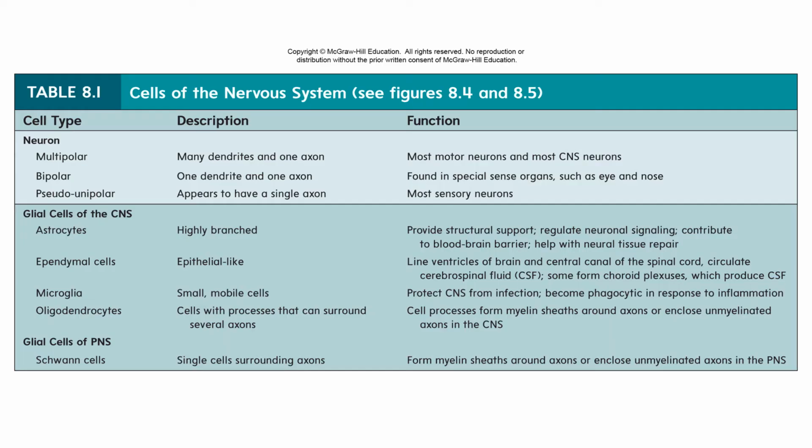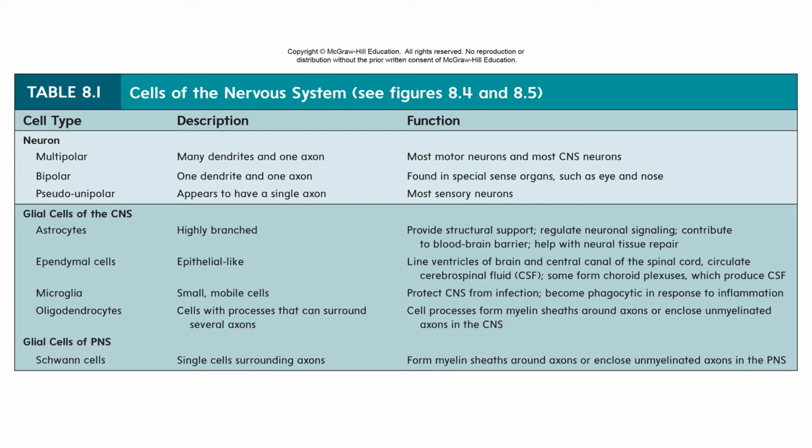So this is actually a table of the different cells that you can find in your nervous system. So the cell types, of course, we have different configurations on how to determine a neuron cell. Di ba may iba-iba silang klaseng configuration. Like for example, you have the multipolar cells.